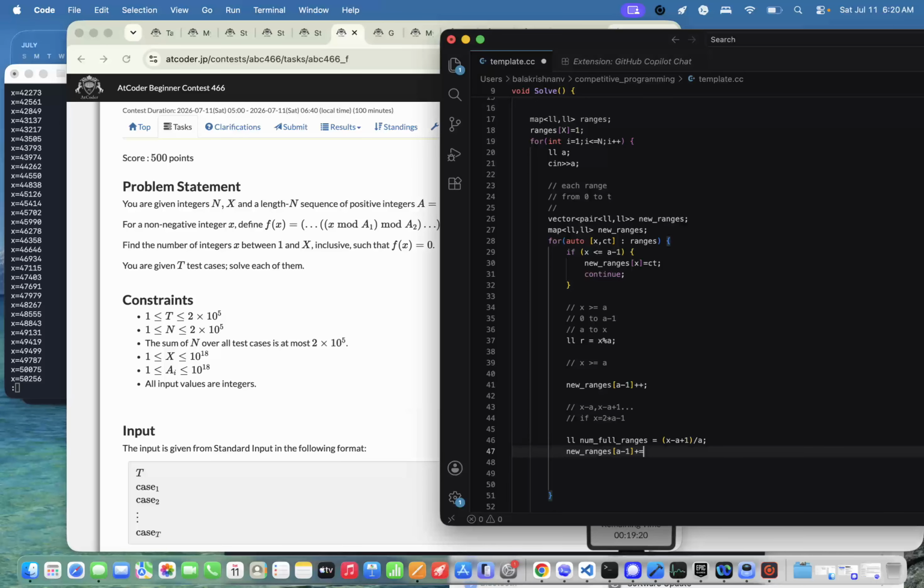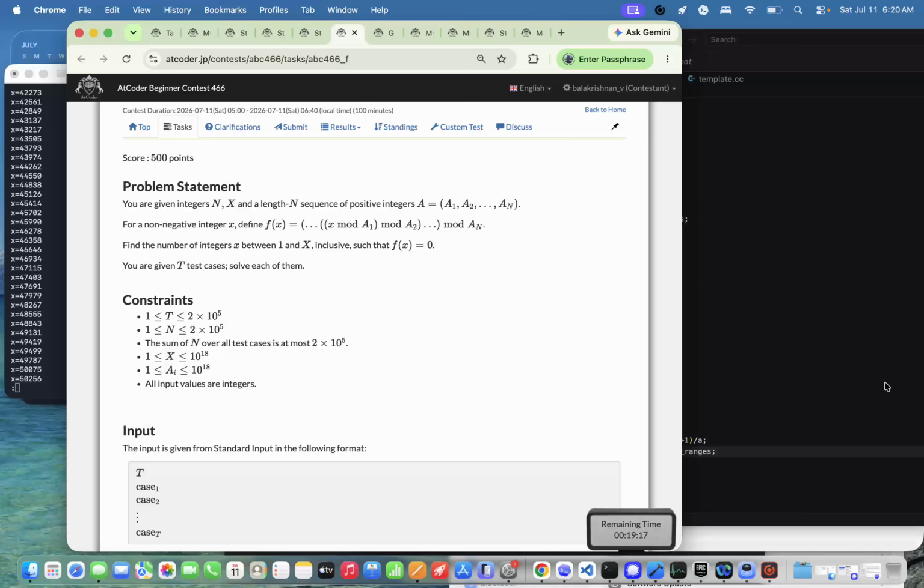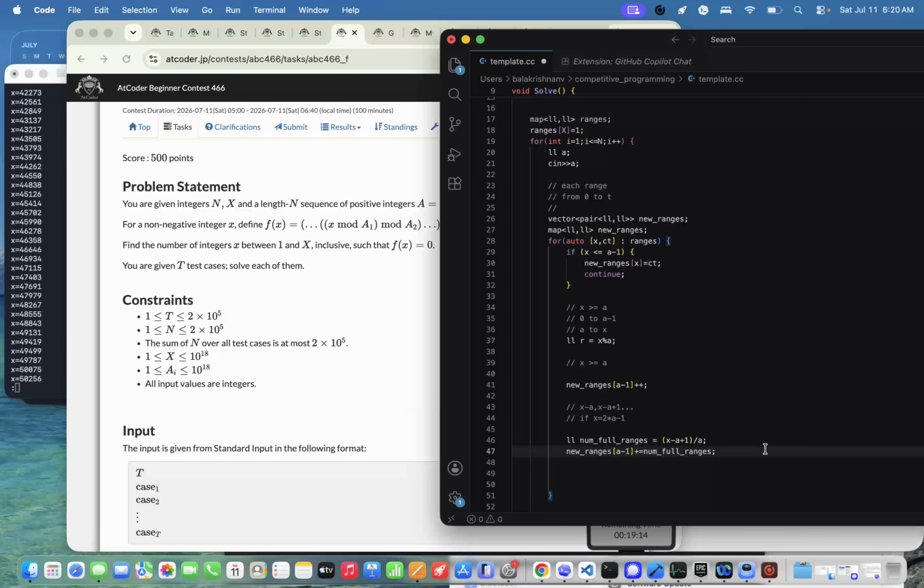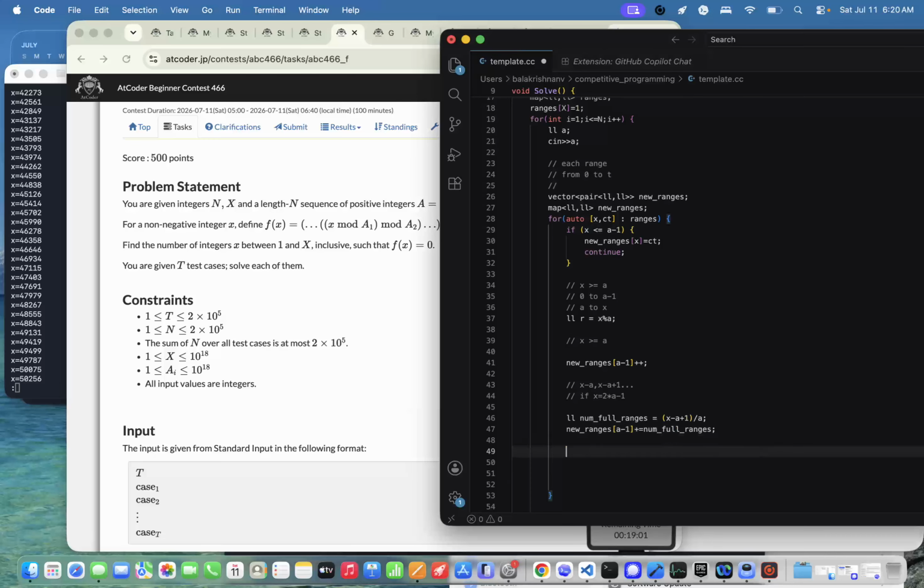A minus 1 plus is equal to num full ranges. It's your R. R plus 1 to a minus 1. No, actually 0 to R. It's your remainder.